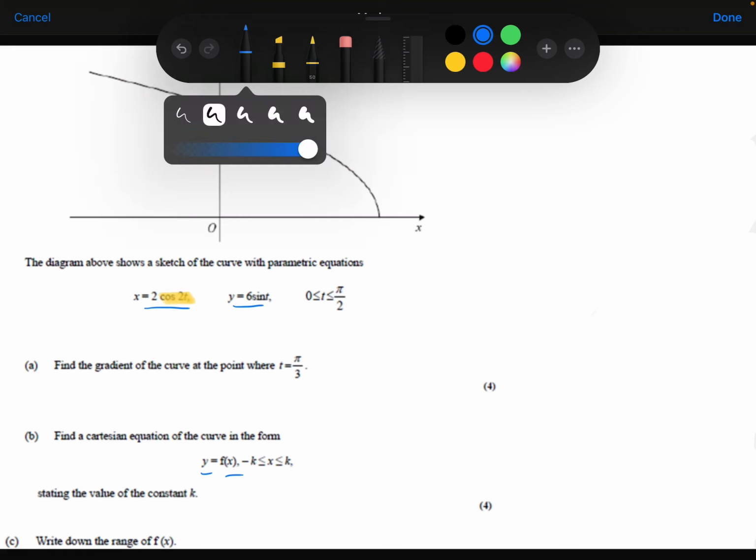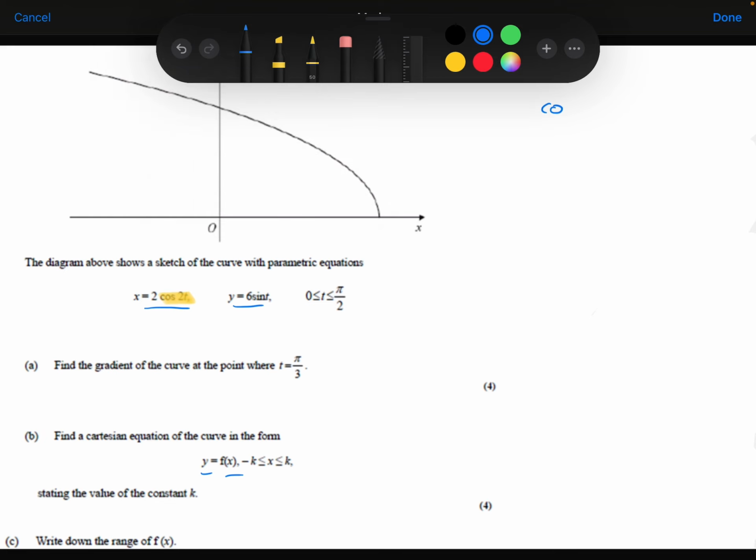I know the cos double angle formulae. I know that cos 2t is either 2 cos squared t minus 1 or cos squared t minus sine squared t, or the one I'm actually going to go for is 1 minus 2 sine squared t.